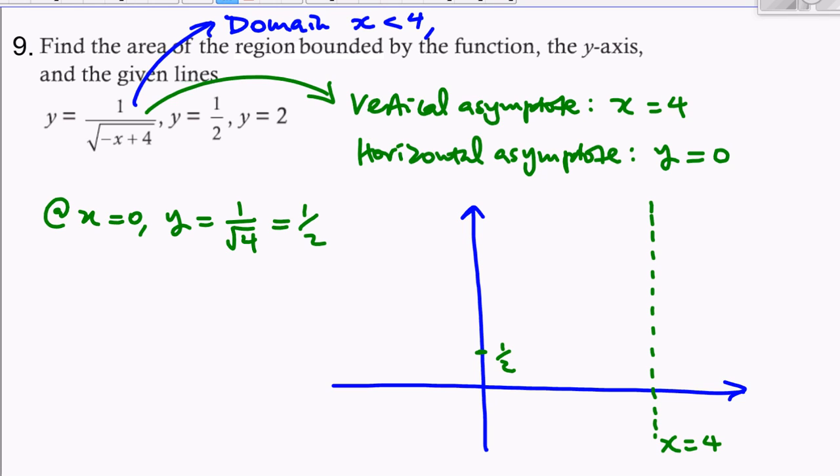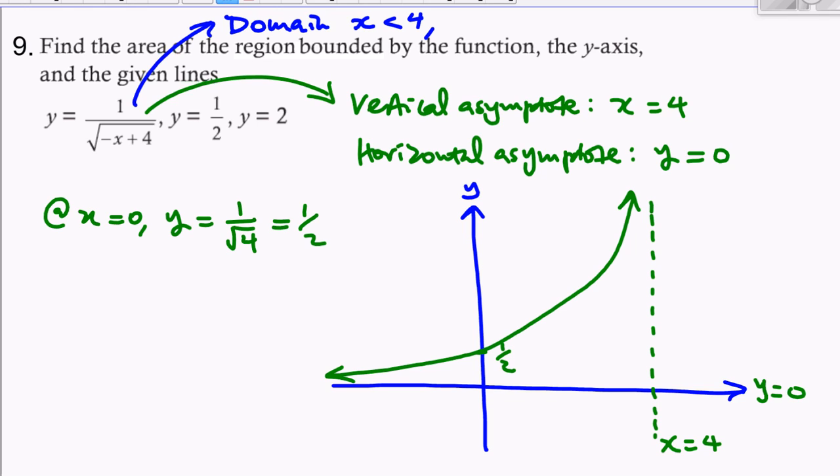And the horizontal asymptote is the x-axis. So the function will look something like this. Something like that.